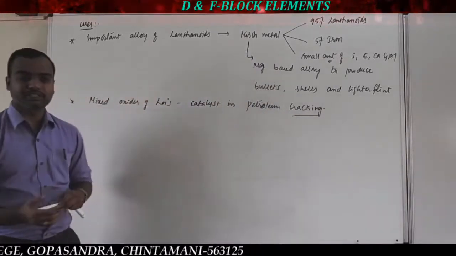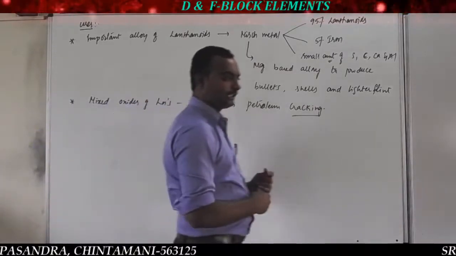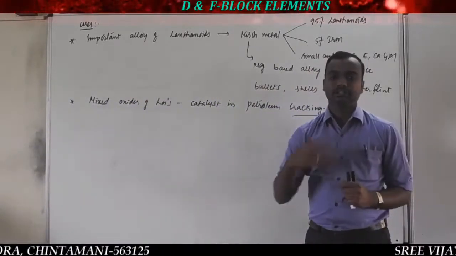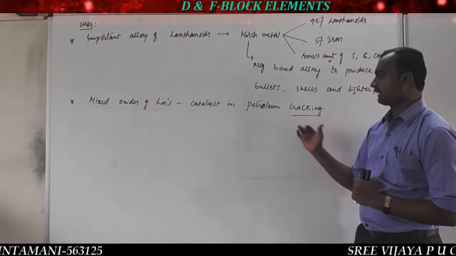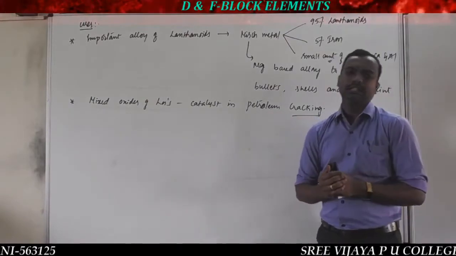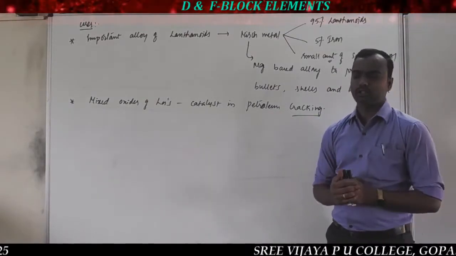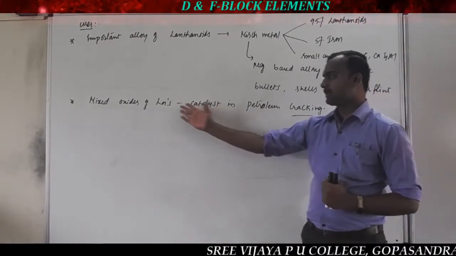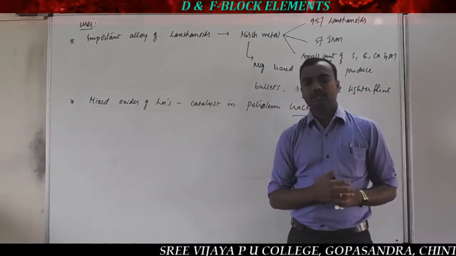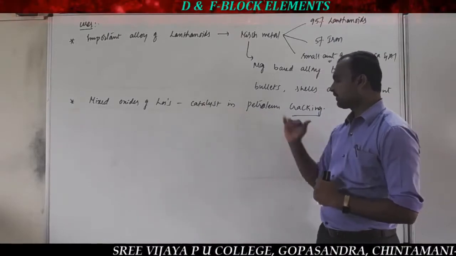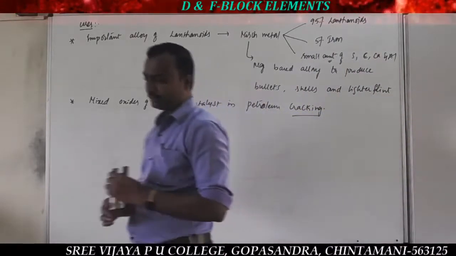First we see what cracking is: higher hydrocarbons, on heating, are converted into smaller hydrocarbons. That is cracking. Petrol, diesel, or petroleum products are all kinds of higher hydrocarbons. Some oxides of lanthanides are used as a catalyst in petroleum cracking. That's one of the important applications.